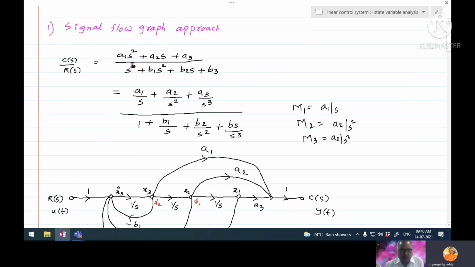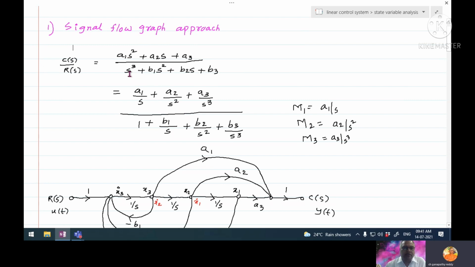If it is s power 4, b1, b2, b3, b4 will come. Then numerator coefficients start with a1, a2, a3 and so on. When a ratio of polynomials is given, any given transfer function, you have to arrange in this format.